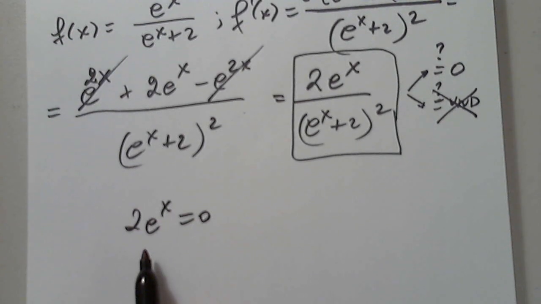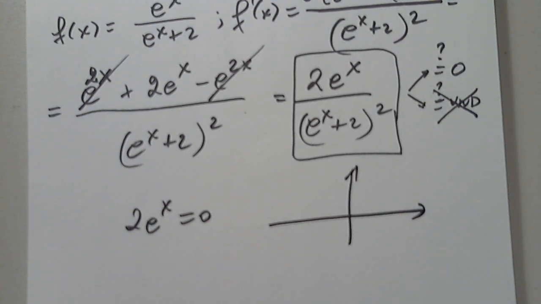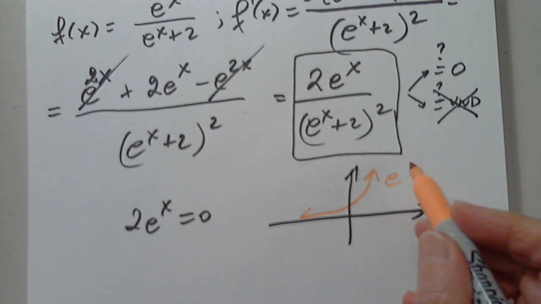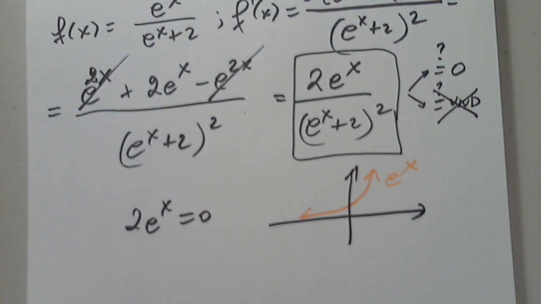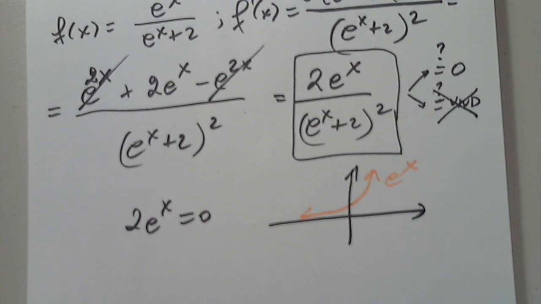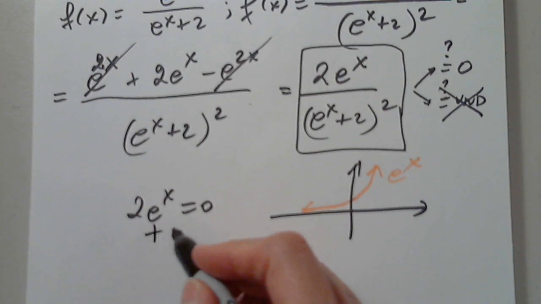Can e to the x be 0? Let's look at the graph. This is the graph of e to the x. Please remember it. Can e to the x ever be 0? No. Very good. So it's always positive. None.